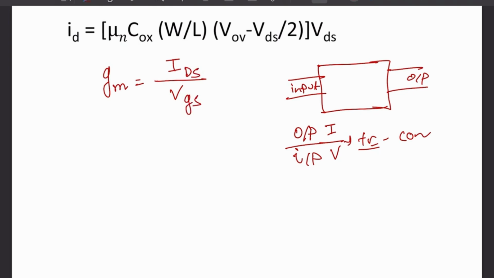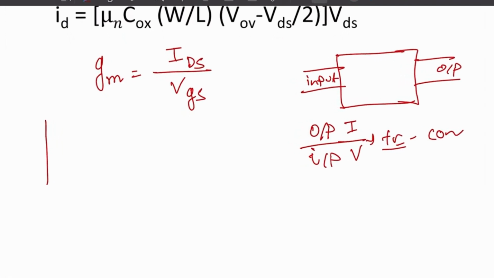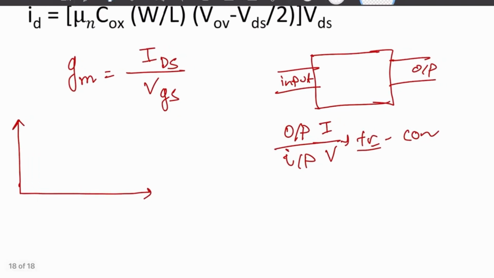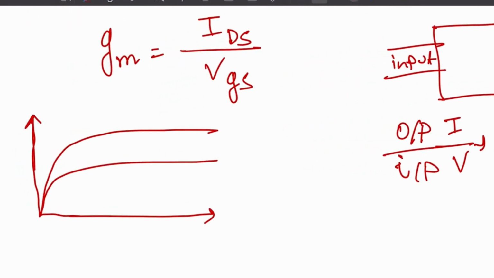Okay, so we can calculate this one in two ways. First one is the practical method. When you do the practical in the lab, then how we need to calculate this one? So this is the output characteristics of the MOSFET, where this is VDS and this is ID, and we need to calculate this one in the saturation region.